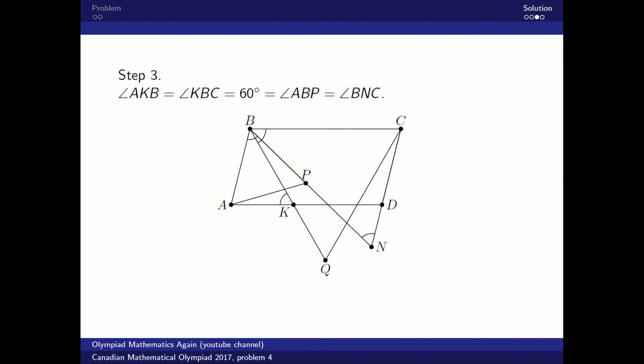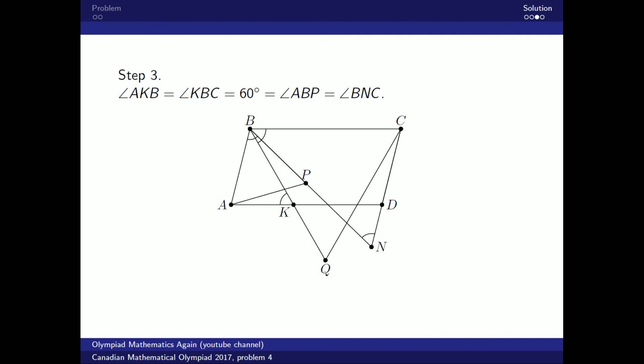But then angle ABP is equal to BNC because of the parallelism of AB and CD, the opposite sides in the parallelogram. Therefore ABP is equal to BNC. So in total, we look at the beginning of this chain of equalities and at the end: the angle AKB is equal to BNC.